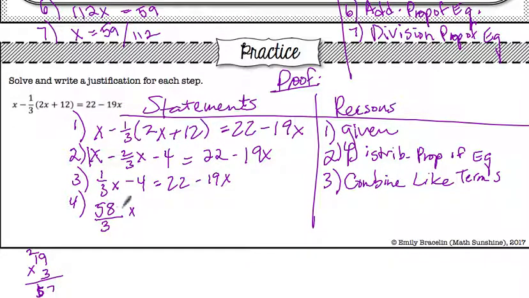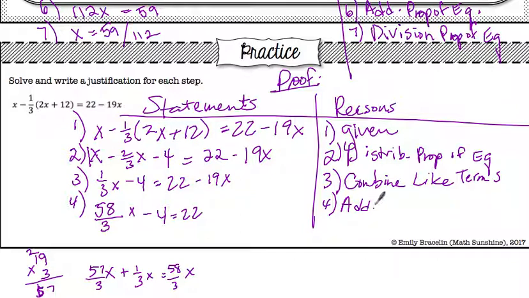And one more third here, so you've got 57/3. That's the same thing as 19. 57/3 x plus 1/3 x is 58/3 x. So all I did was rewrite this 19x as 57 over 3. Okay, and I still have minus 4 equals 22. So we did the addition property of equality.